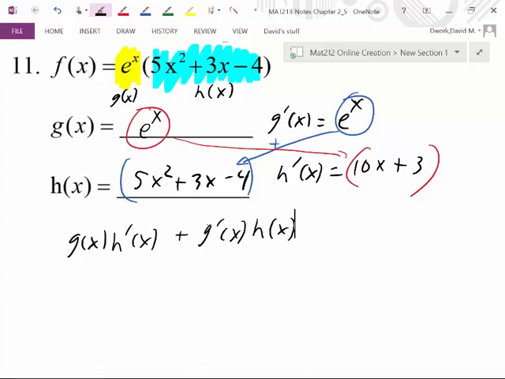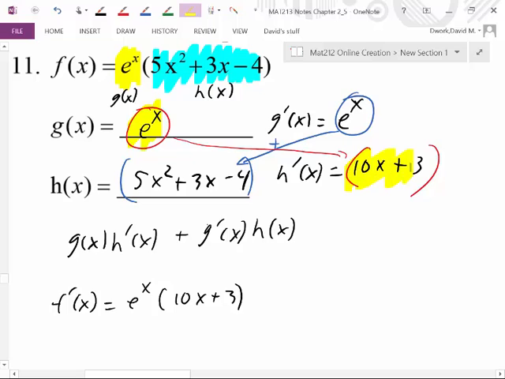So therefore, our answer here would be the derivative f prime is, I'm going to start with g of x, so that would be e to the x times 10x plus 3. Okay, and you can see that came from here and here. And then we're going to add that to e to the x times 5x squared plus 3x minus 4.